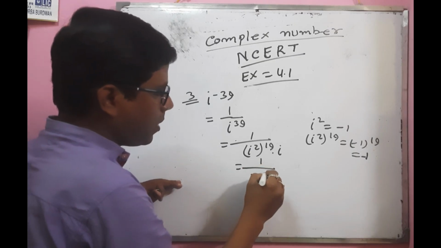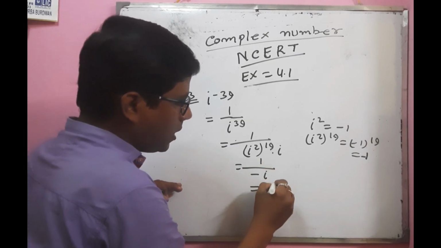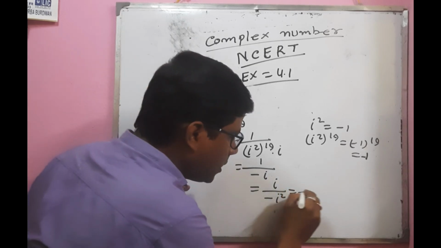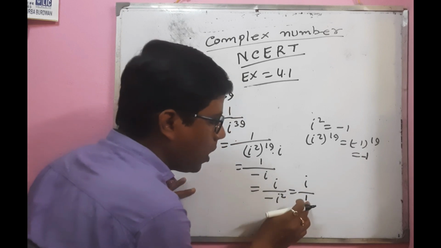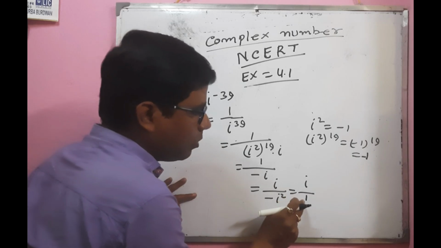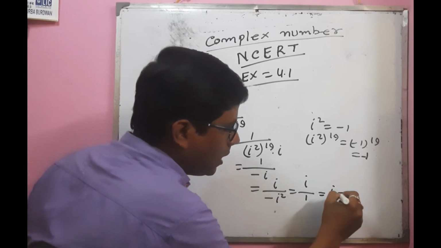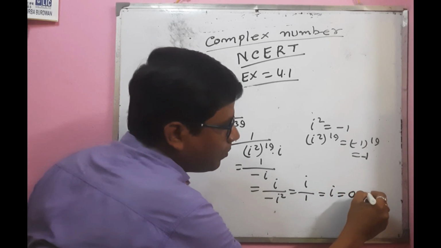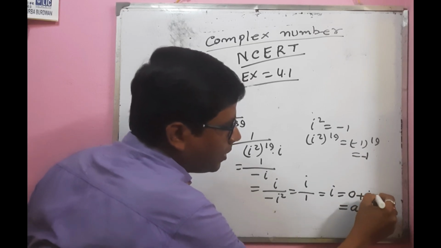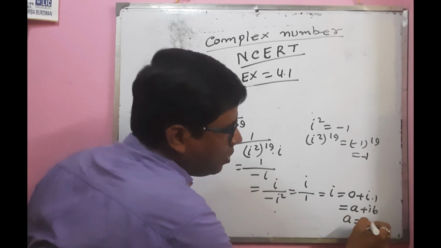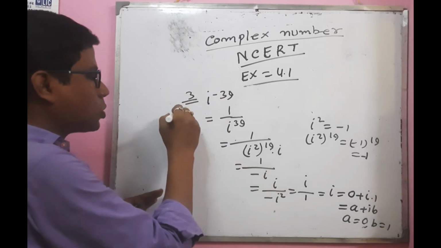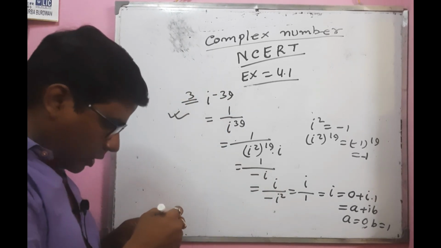So minus of i. Multiply with i, then we get i square. Now calculating we get 1. Why 1? Because i square is equal to minus 1, and minus 1 multiplied with minus is 1. So i. Now 0 plus i. This is a form of A plus iB, where A is 0 and B is 1. So third is completed. So we move to the next part.